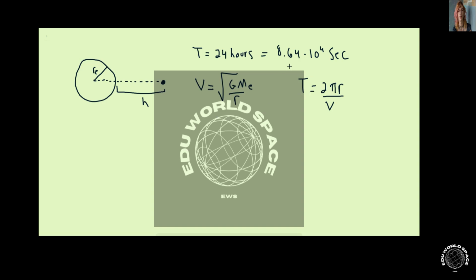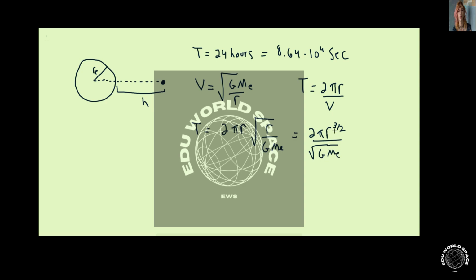We know T is 8.64 times 10 to the fourth. So let's substitute this expression for v into our equation for T. We'd have T equals 2 pi r divided by v, so we just flip this, and we'd have the square root of r over G M_E. We can simplify that to 2 pi r to the 3/2 over the square root of G M_E.